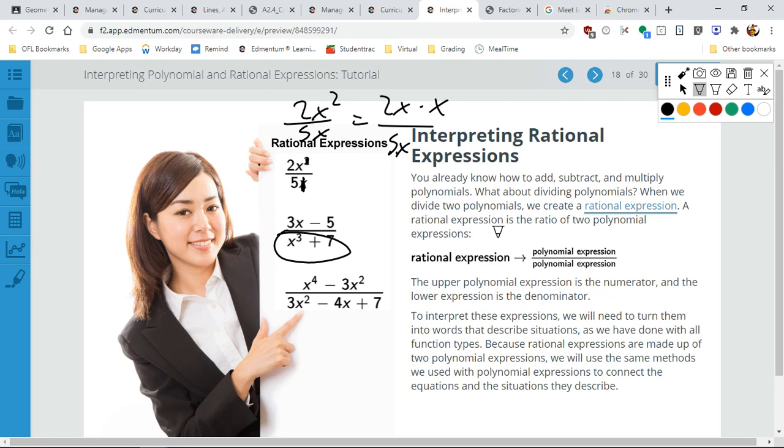And this would factor into 5 times x. Since multiplication and division are basically opposites, you could just cancel this out. What's x divided by x? 1. So it makes a giant 1. They cancel out. And we're going to do that with factoring.